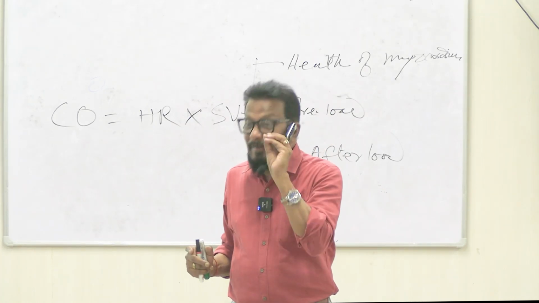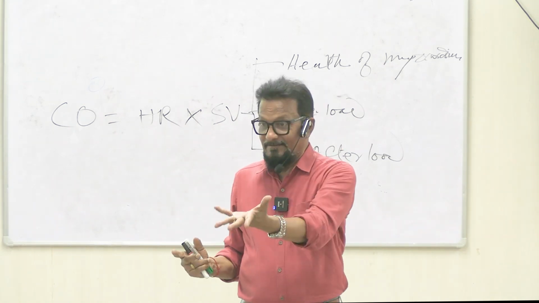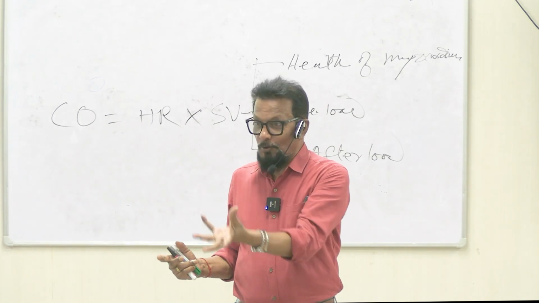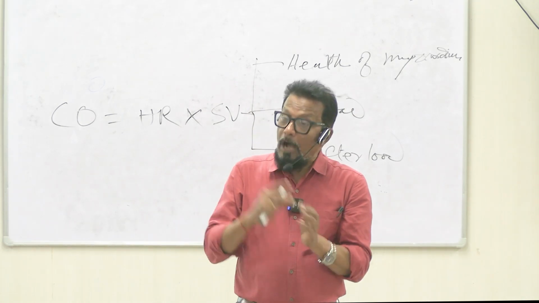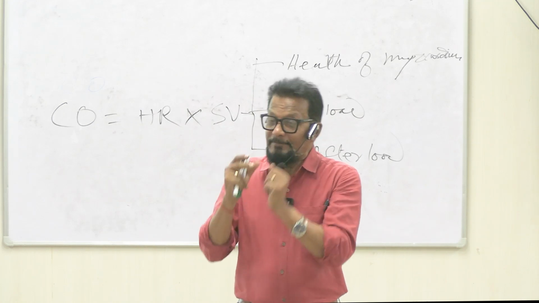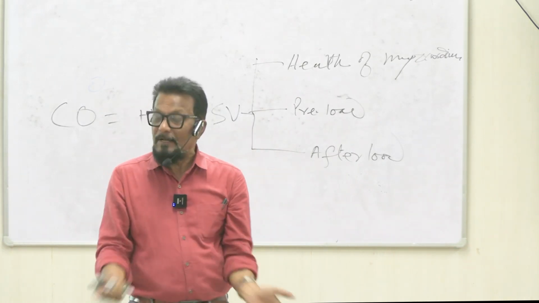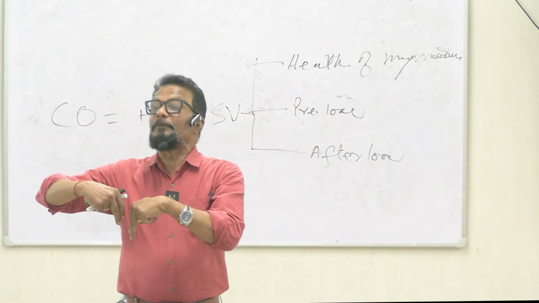So this is called preload. Preload means load before contraction, before systole. How much the stroke volume will be depends on the preload, on how much blood has entered into the ventricle.